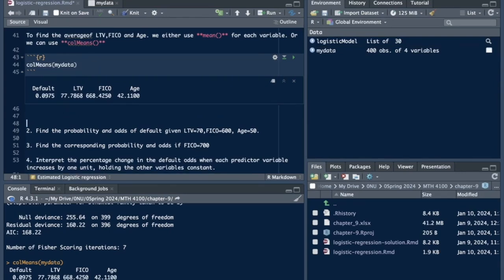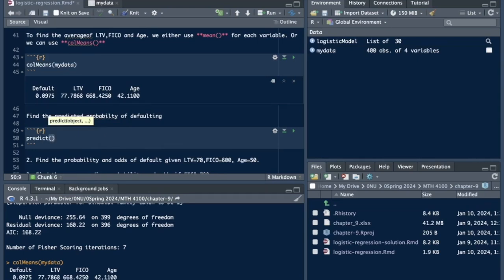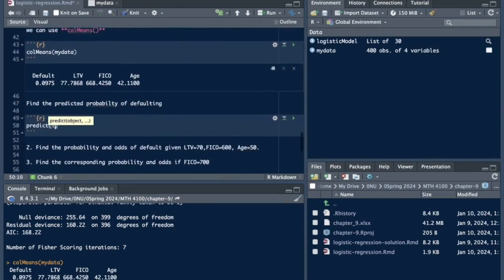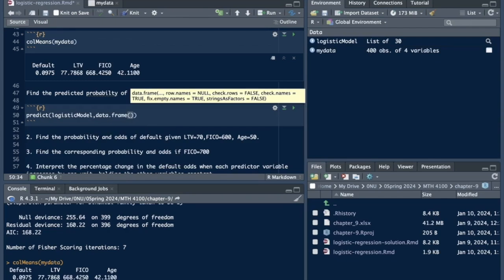After getting the mean, we can now predict the defaulting. Let's find the predicted probability of defaulting. Predict. Again, we're going to use the model. Do you remember that? We're going to plug values into our model, the logistic model, using a data frame.